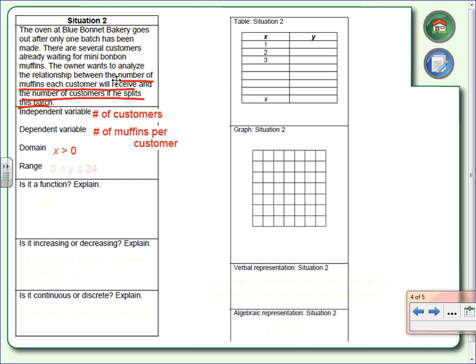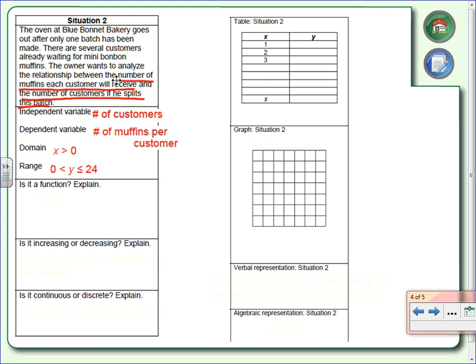The range is between 0 and 24. So 0 is less than y, less than or equal to 24. All I'm saying there is the number of muffins we're giving out to each customer is going to be somewhere between 0 and 24. We're including that 0 part because we want to make sure we leave out negative numbers.